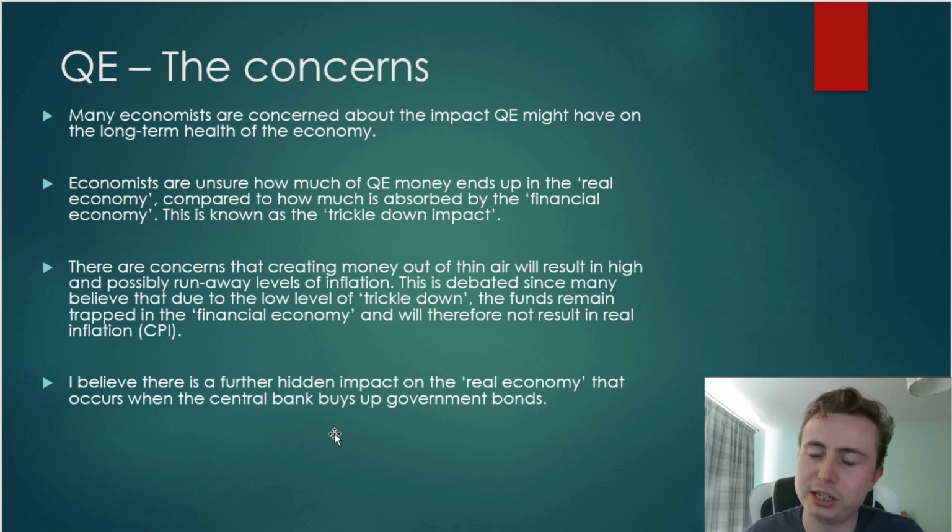I do see an issue where the government is going out and paying for all of these things, the welfare system, paying for all that out of debt, but then that debt it actually is buying back, and it's buying it back with money that's created out of thin air. So that's a very high level thought on that, but I'll do a further video where we can talk more about that.